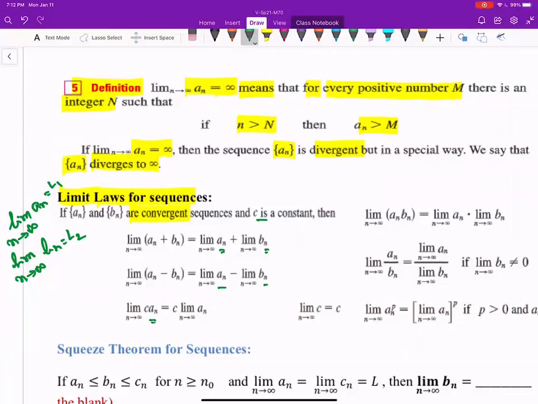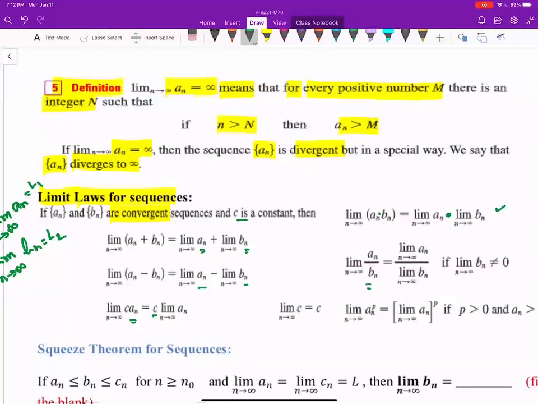So it's kind of distributing the limits. For the limit of a constant multiple of an, the constant can be taken out of the limit: c times the limit of an as n approaches infinity. The limit as n approaches infinity of an times bn is the limit of an times the limit of bn. It's a product: the limit of the product is the product of the limits.